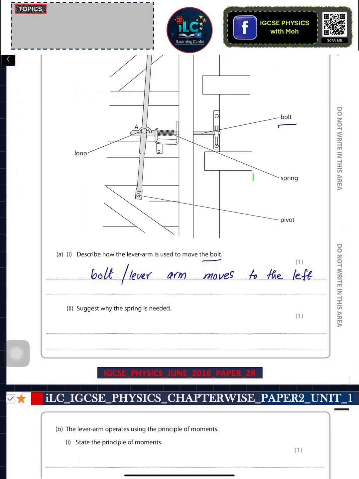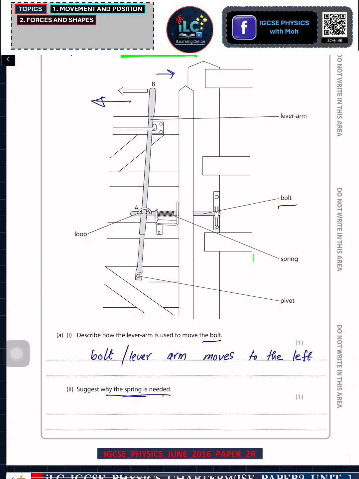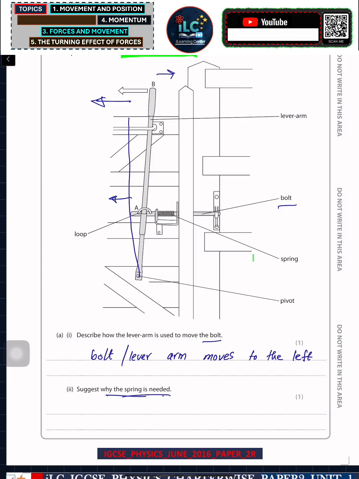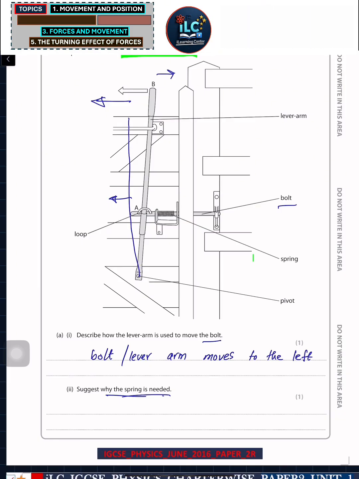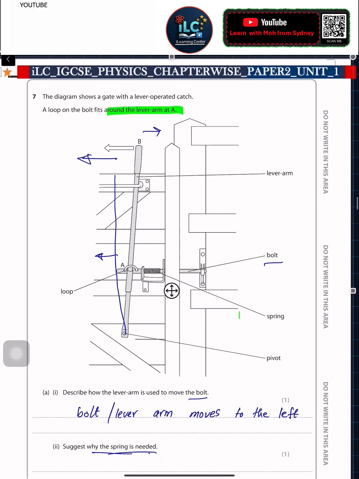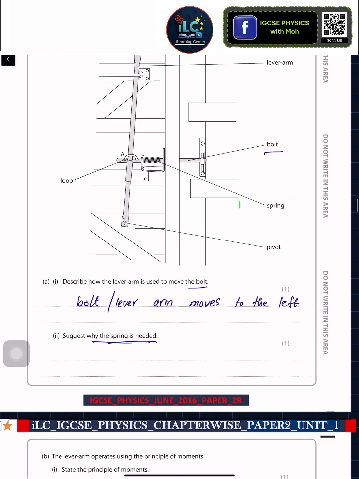So why is the spring used? You have seen this in several places. When you pull it there, it will remain there, right? You don't want to leave it like this. So we attach a spring so that it comes back to its original position. Because it's just 1 mark, we don't need to explain much.